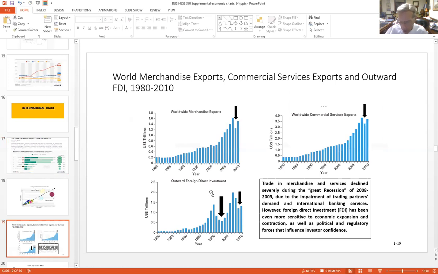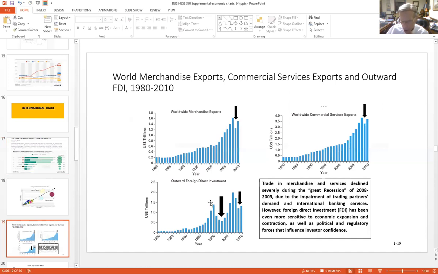When we look at foreign direct investment, that is the placement of investment dollars in other countries, what we see is that whenever there's an economic downturn, we had a big economic downturn in 2001 and 2002, and it took a while for that recession to have its effect.